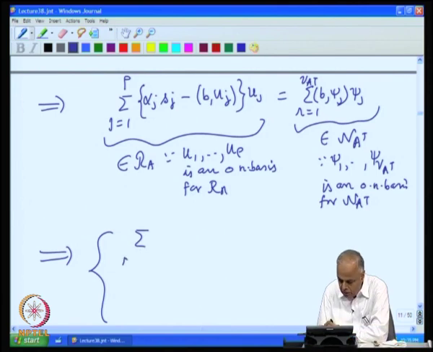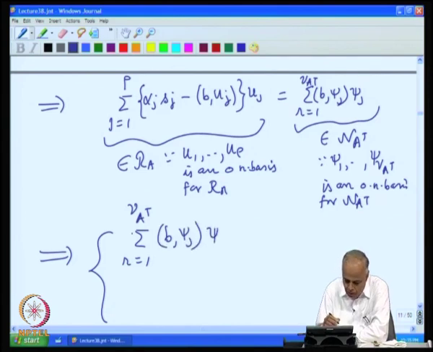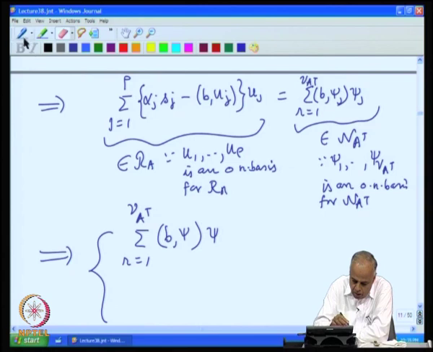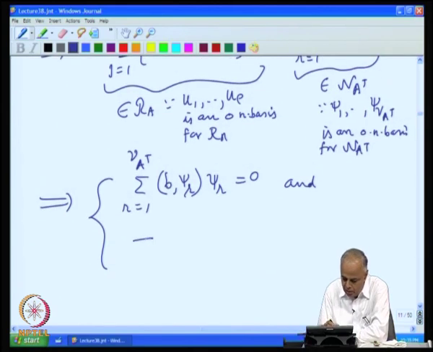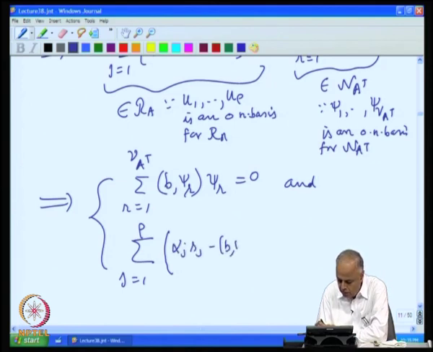This implies the right hand side must be equal to 0, and summation j equal to 1 to rho alpha j S j minus B u j, this whole thing times u j, must be equal to theta m, not 0, but the 0 vector.